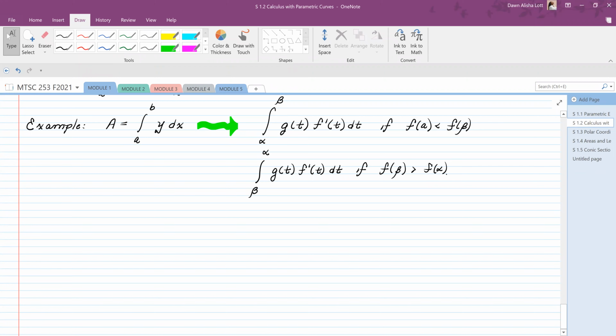I thought I had an example, but I don't. So we're going to change. Let's go on to the arc length for a moment.